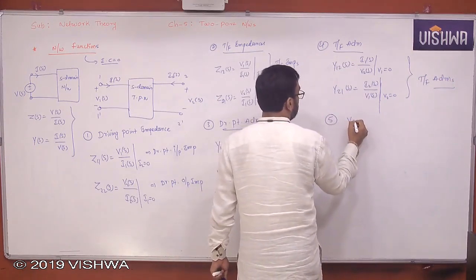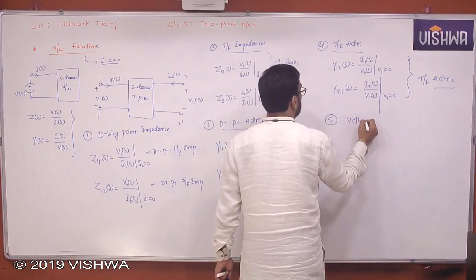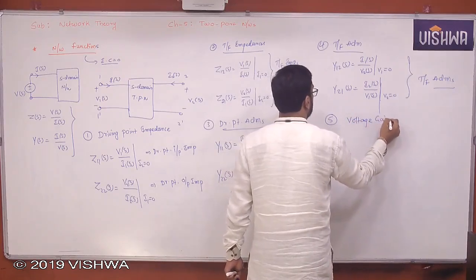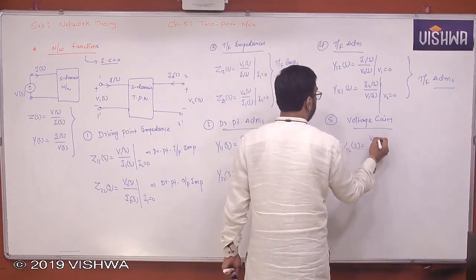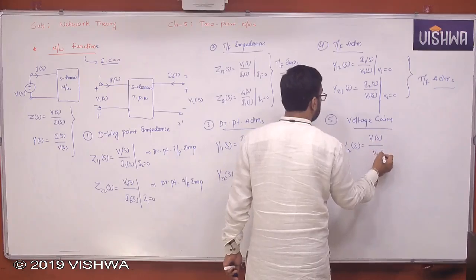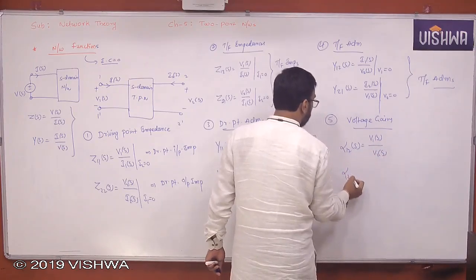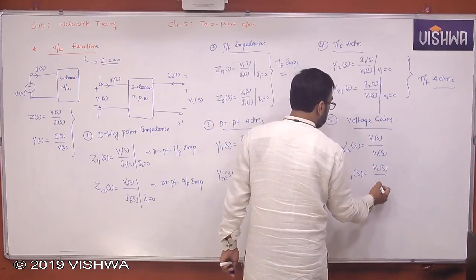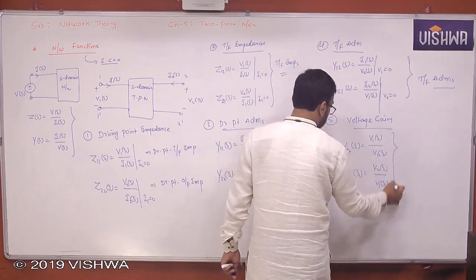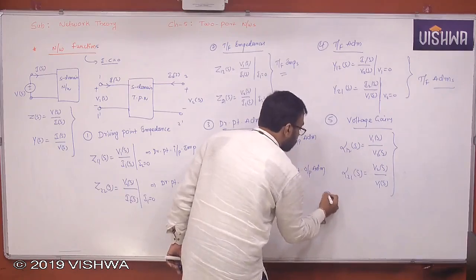Voltage gains. Alpha 12 of S is V1 of S by V2 of S, or alpha 21 of S is V2 of S by V1 of S. Current gains.